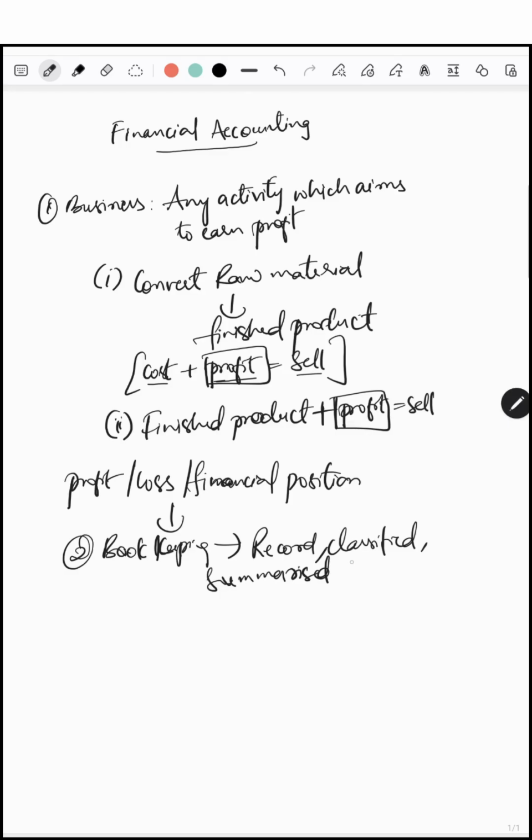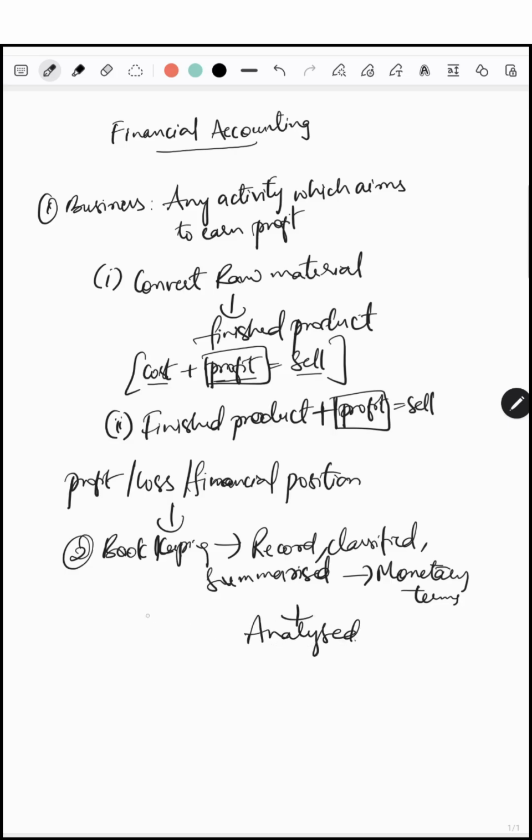And remember well that all these transactions should be measured in monetary terms only. That means you need to identify only the transactions which can be measured in money related terms, which can be recorded in rupees or dollars, any symbol, any money related terms. And later all those should be analyzed properly as well.